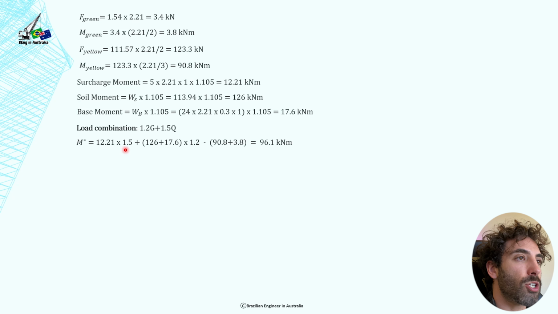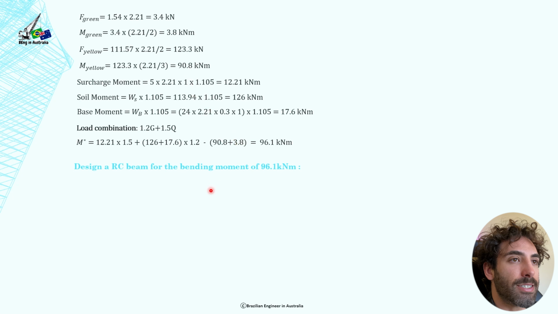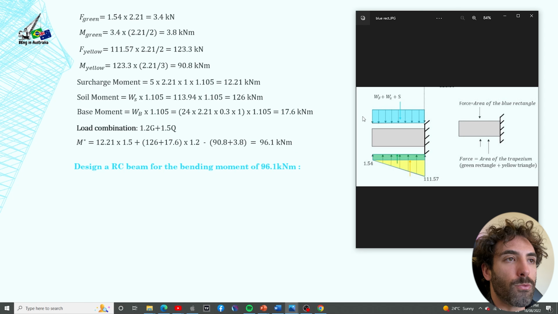So the surcharge is live loads, 12.21 times 1.5, and the base moment and the soil moment are dead loads, so we multiply them by 1.2, and we subtract that from the yellow and green bending moments, which is 90.8 plus 3.8. That's going to give us 96.1 kilonewton meters.